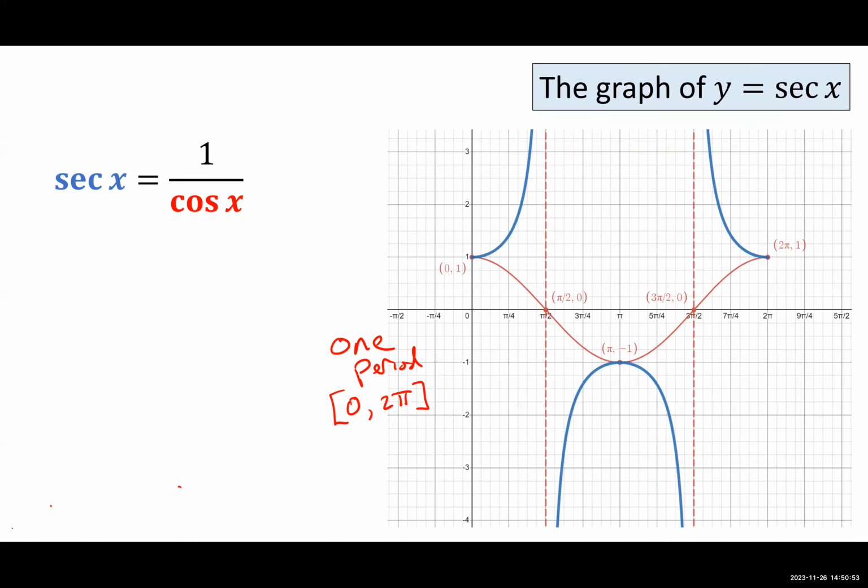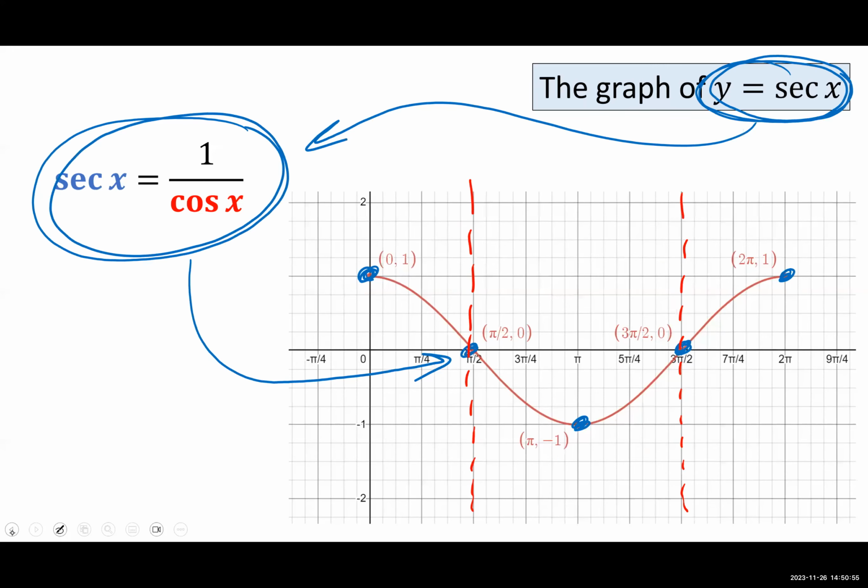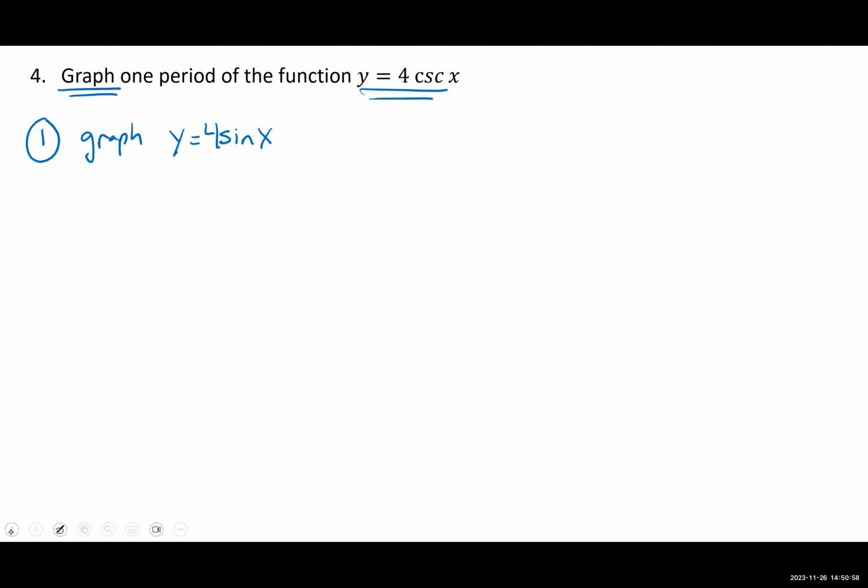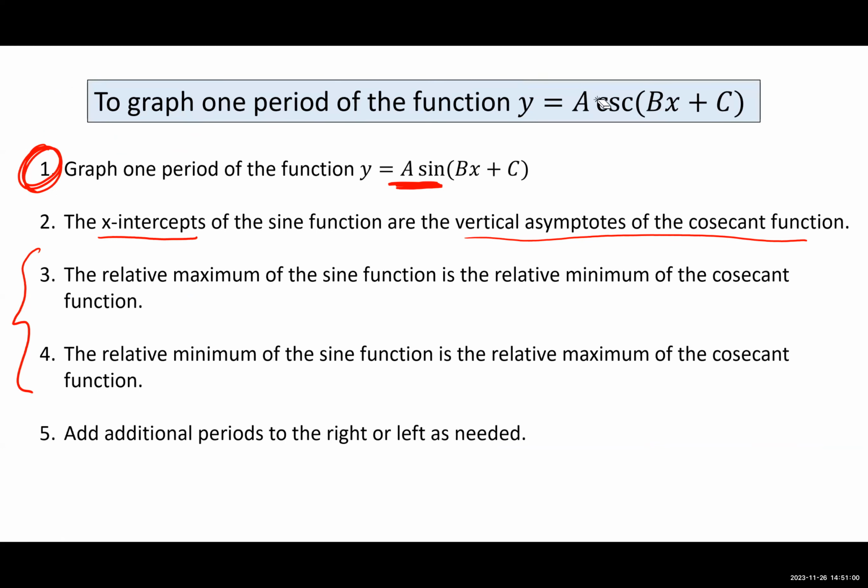And similarly, let me go back a few more slides. If your goal is to graph a cosecant function, step one is to graph the corresponding sine function.